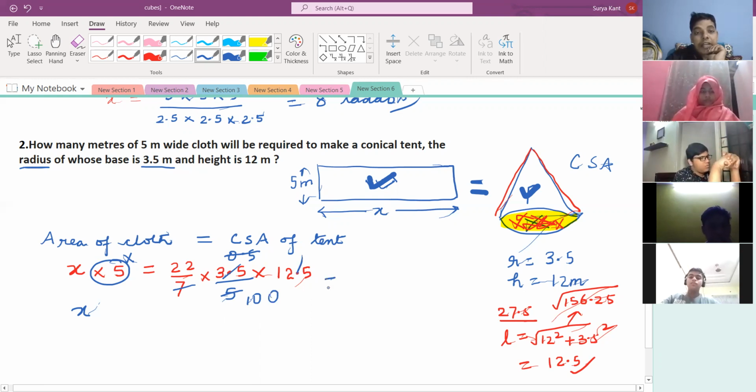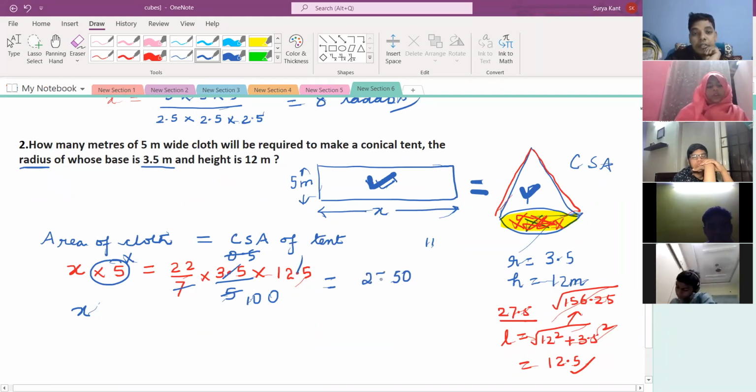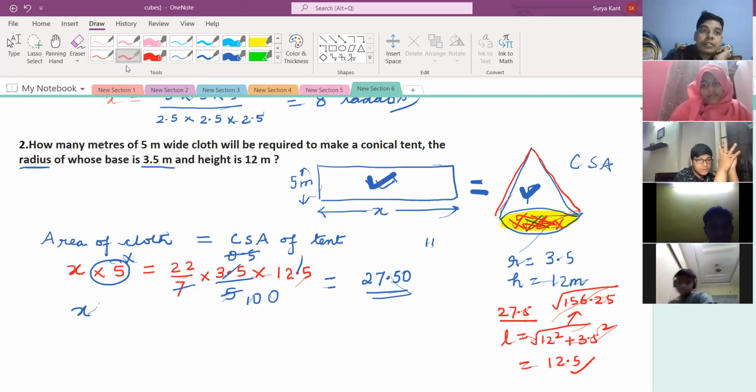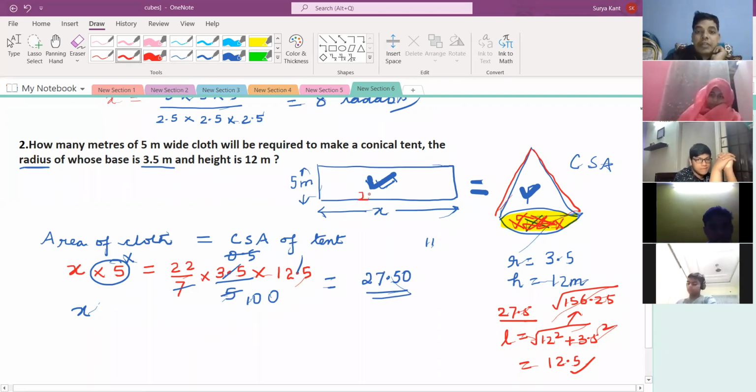So 125 into 22 over 500. What will come? 25 5s are 125, 11, 44 and 11, 55. 27.5. This is the length of the cloth. So 27.5 is the length of the cloth.